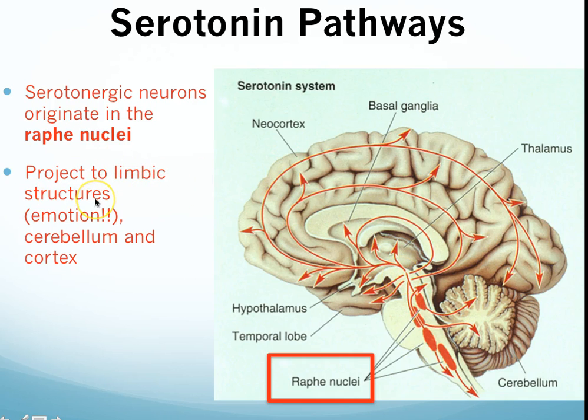Now, the limbic system of the brain, we're going to see that in a minute, is really an area of the brain that's associated to a large degree with emotion, affective states. So affect, A-F-F-E-C-T, not effect, meaning emotional state, mood, right? And also learning and memory. So there are a lot of structures in there that are associated with these things. So serotonin goes to a lot of those places.